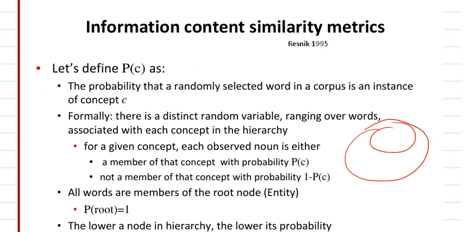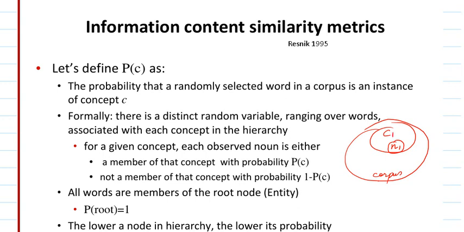So if there is a corpus and there is a concept, and there is a member of that concept, some word that is a member of that concept, and if that is a noun, then this noun is a member of the concept with probability P(C), and if it is not a member of that concept, it has the probability 1 minus P(C).